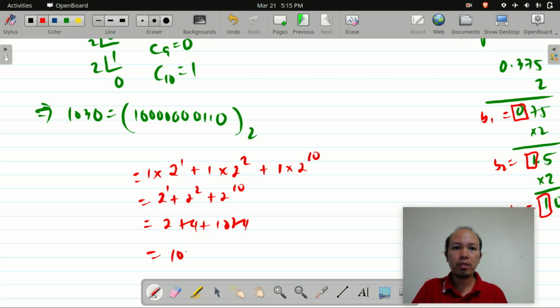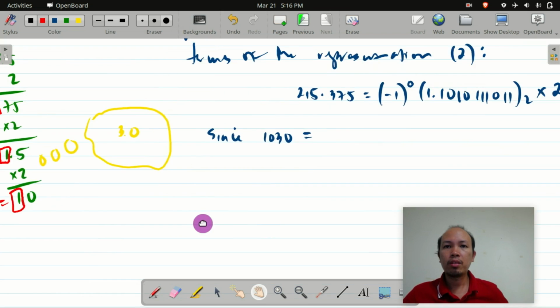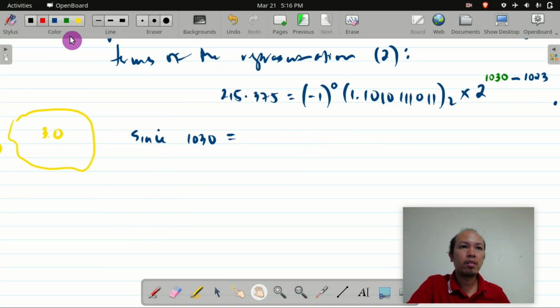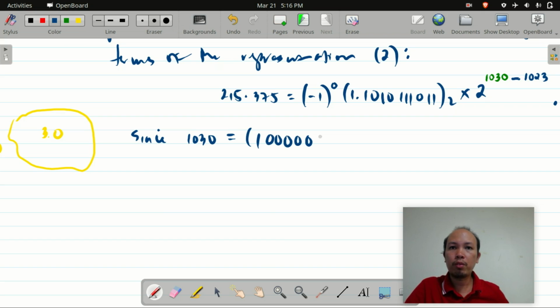Okay, so this is now the binary representation of this decimal number. So 1, 1 2 3 4 5 6 7, 7 zeros. So 1, 7 zeros, 1 2 3 4 5 6 7, and then 1 1 0.